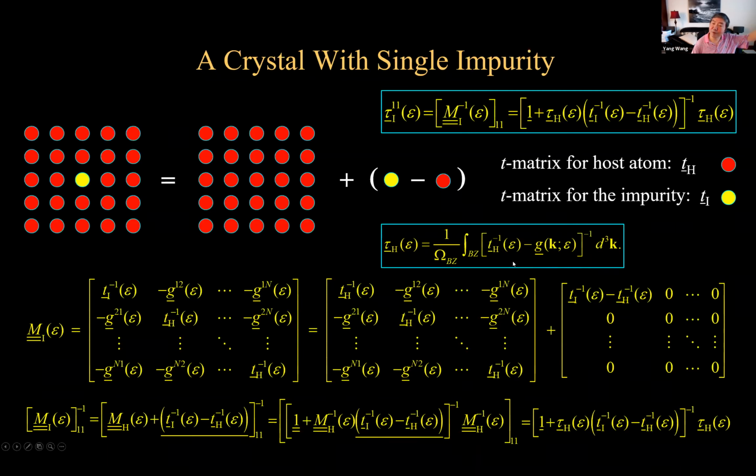I explained that in the previous slide, right? So that's how I calculate it. And then all you have to do is multiply tau host by the difference between Ti inverse and T host inverse, plus 1, take the inverse and multiply by tau host. That's how we calculate the tau matrix for the impurity.